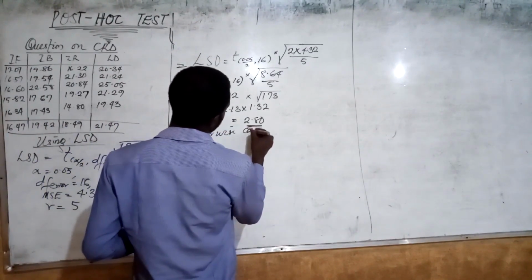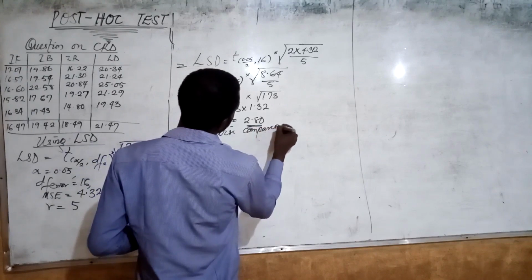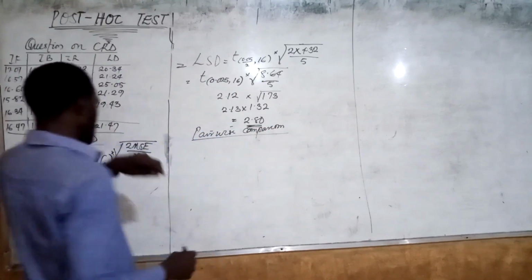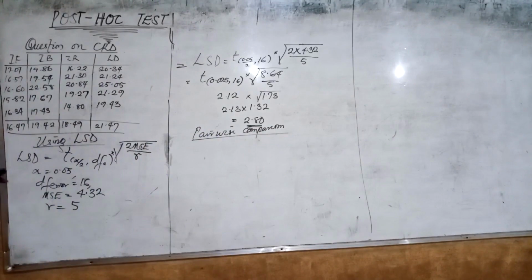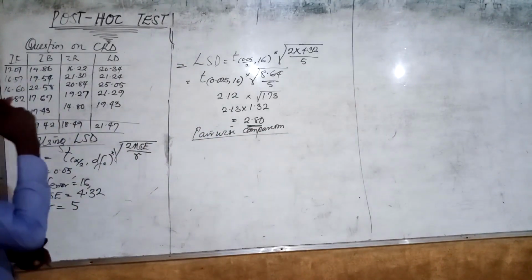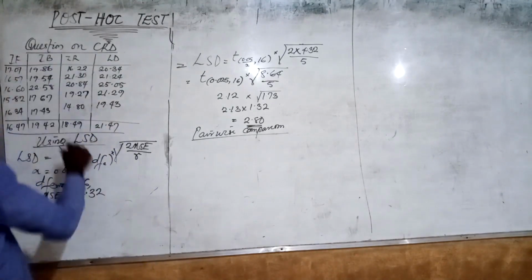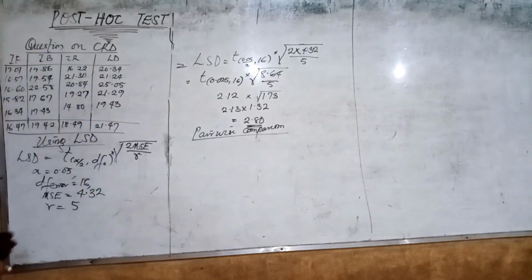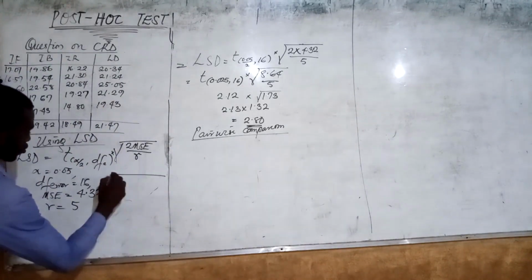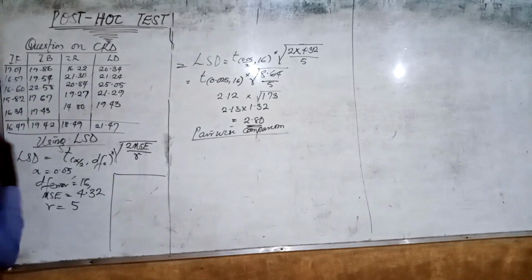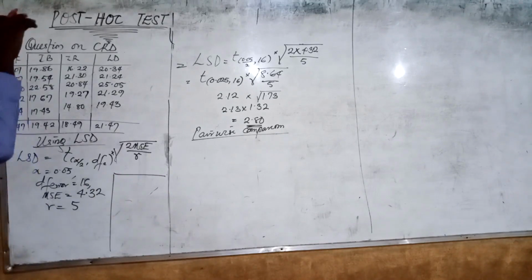This method is similar to that of the DMRT, where you list all your means. So I have my means here, and let me arrange them from the highest to the lowest.